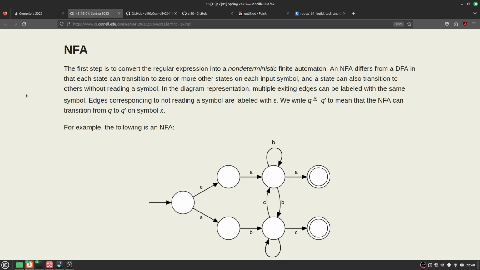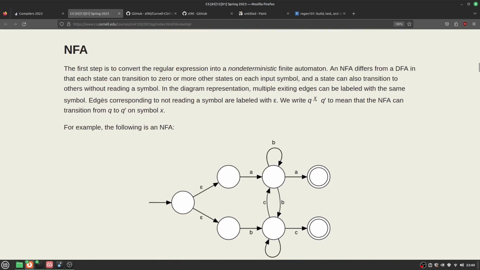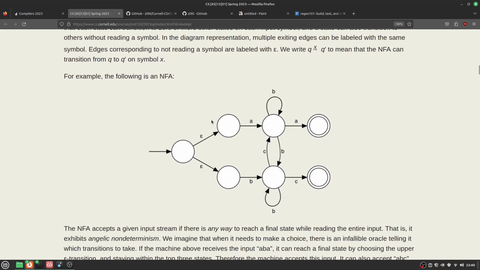In the diagram representation, multiple exiting edges can be labeled with the same symbol. Edges corresponding to not reading a symbol are labeled with epsilon, meaning the empty string, I guess.